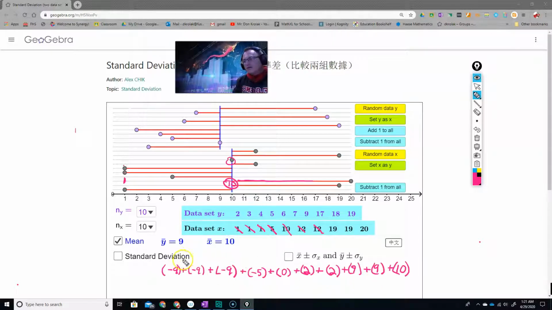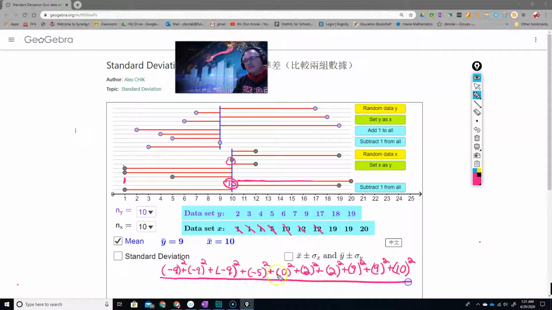All right, and in the formula, you don't want that to happen. So in order to get rid of those, you square everything. And then you simply divide by the number of data points that you have, which in this case is 10.